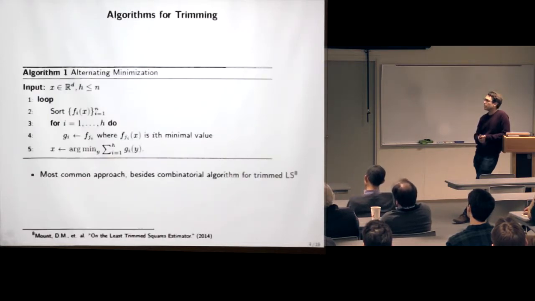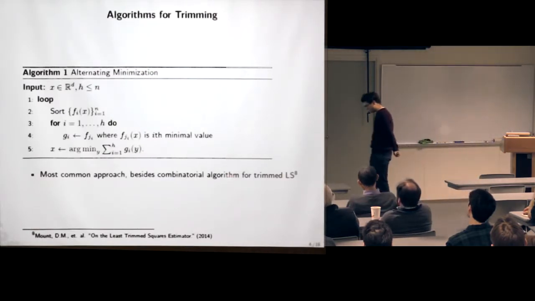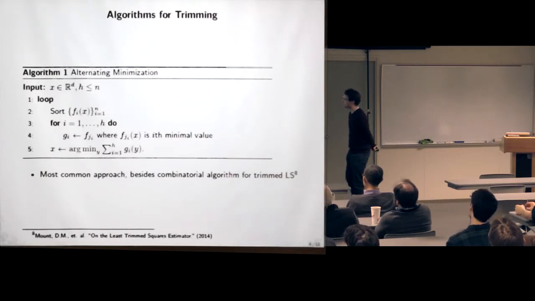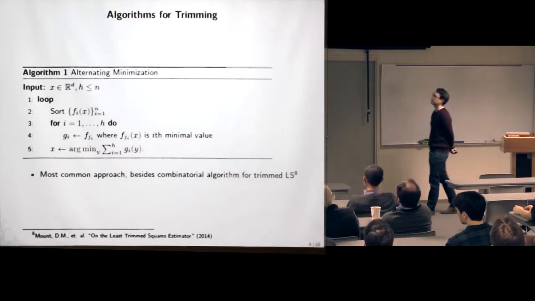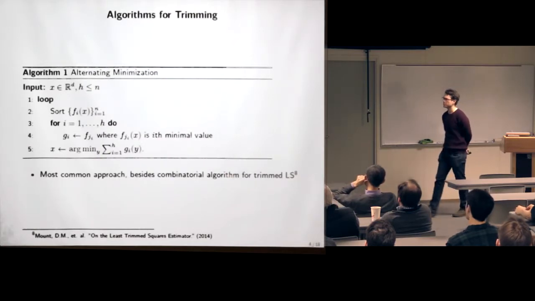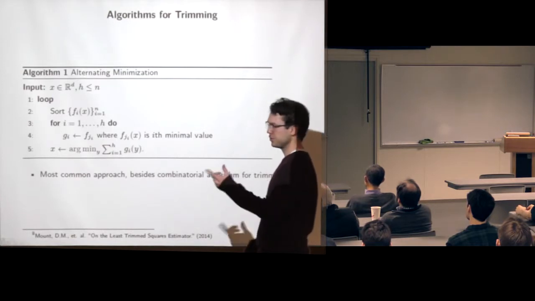All right. So the natural algorithm for trimming is an alternating minimization approach. This approach was introduced in 2005, I think, and it was dubbed FAST-LTS. So basically what you do is you alternate between two competing things.